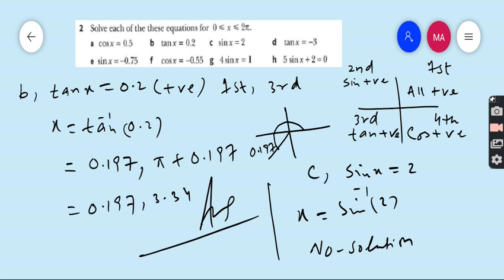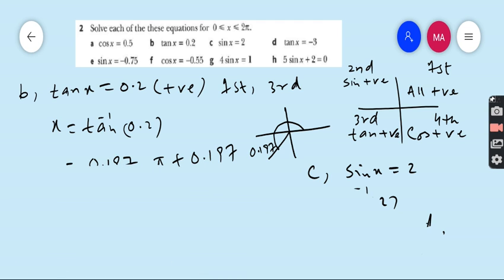If you find this value from your calculator, you will get a math error. So this part has no solution. This is the answer: no solutions. Okay, come to part D.